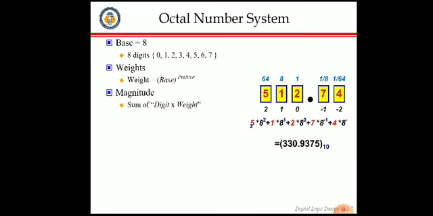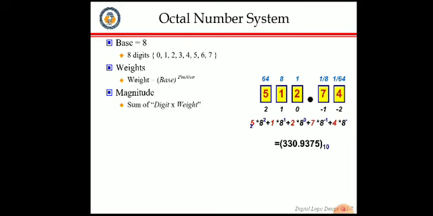So we have already studied in the decimal number system that the weight is base power position. Now let us see, the magnitude value can be calculated in a similar way. So now let us take the same number 512.74.